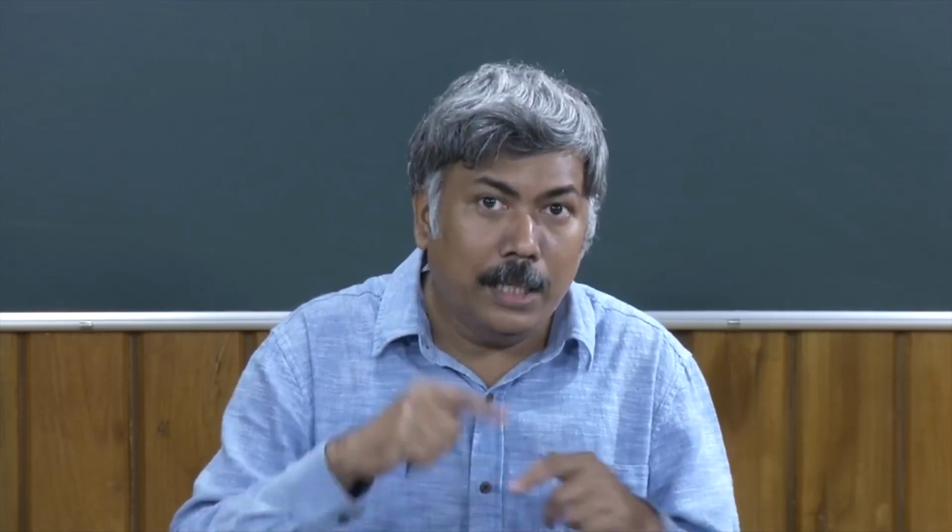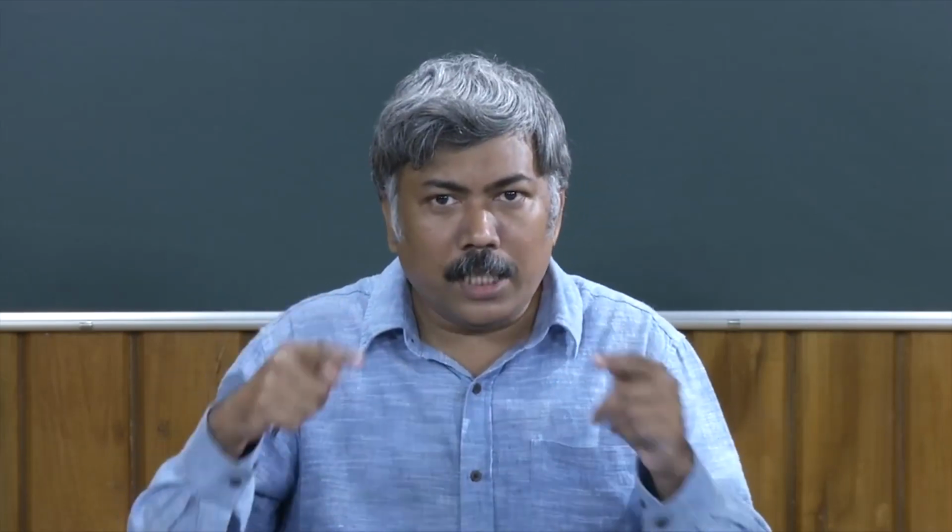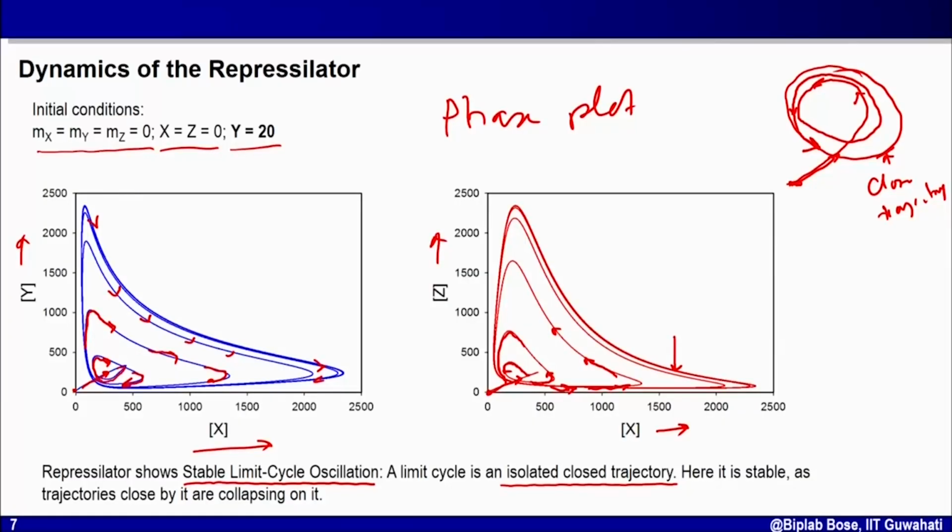So this type of system is called stable limit cycle, because it is stable, as things are collapsing at this closed trajectory, and limit cycle because initially you have cycle oscillation, but those are not in the closed trajectory but on the open trajectory. So this open trajectory eventually takes the system to a closed trajectory, which is the limit of the whole thing. So it is a closed limit cycle. So it is a limit cycle oscillation.